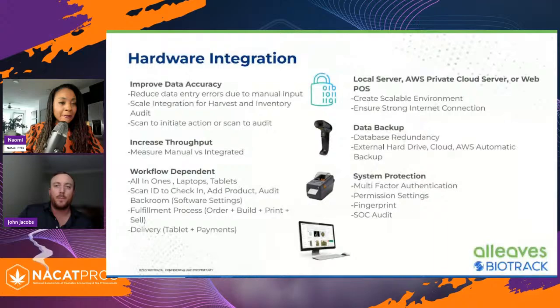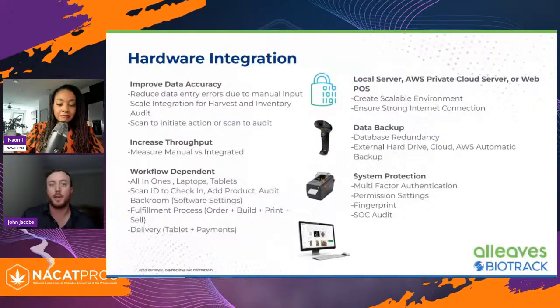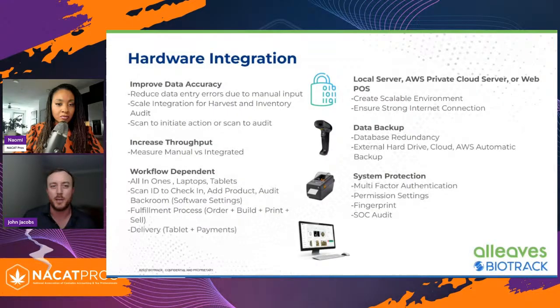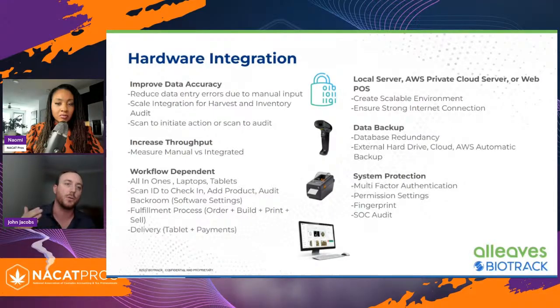One thing I see that helps accounting accuracy is getting ahead of that upstream by data entry accuracy. And you can accomplish that by utilizing hardware integration. So when we go through this, we'll be clicking on a screen and going through features, but in a real life operation and environment, oftentimes you're scanning things to audit things or using integrated scales to audit product or do adjustments.